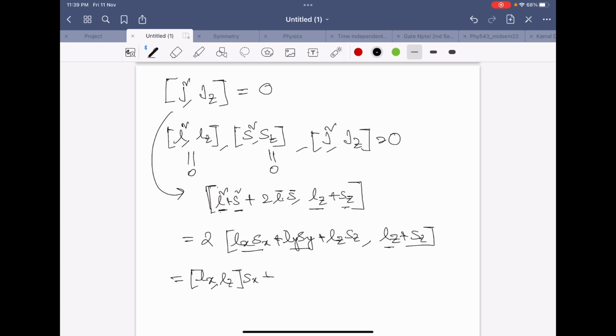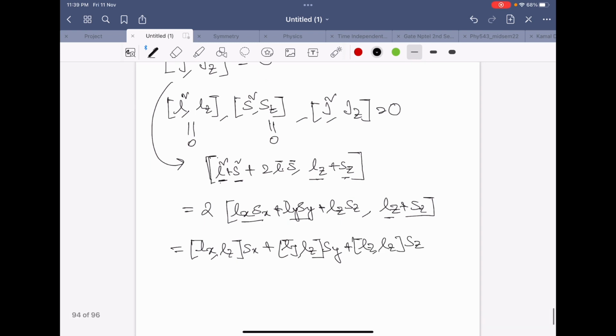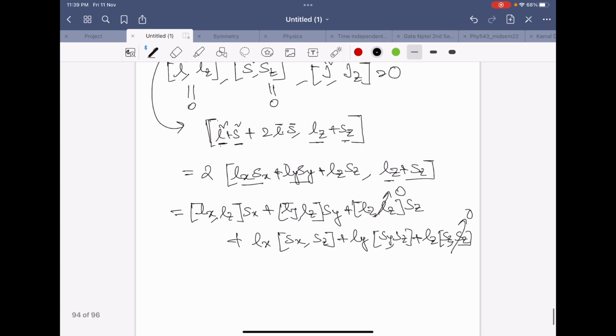Similarly, Ly Lz Sy plus Lz Lz Sz. We will have more terms from here: Lx Sx Sz plus Ly Sy Sz plus Lz Sz Sz. Now these two terms are definitely 0, so we still have 4 more terms.